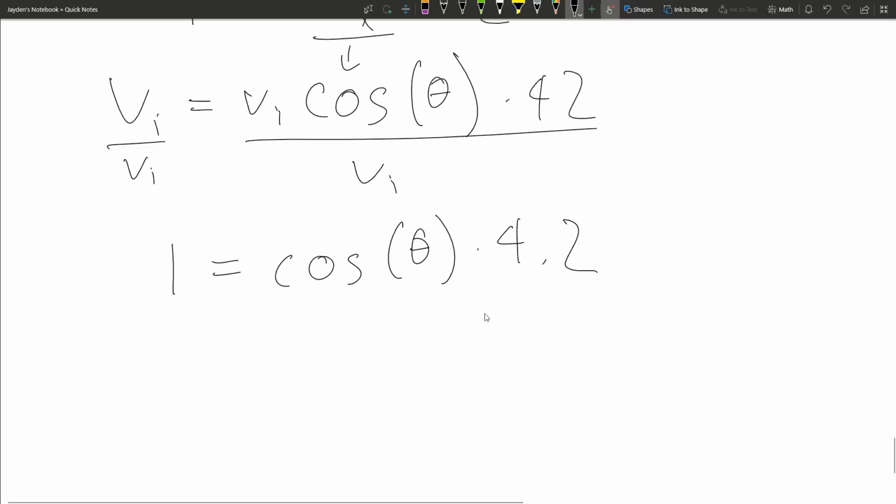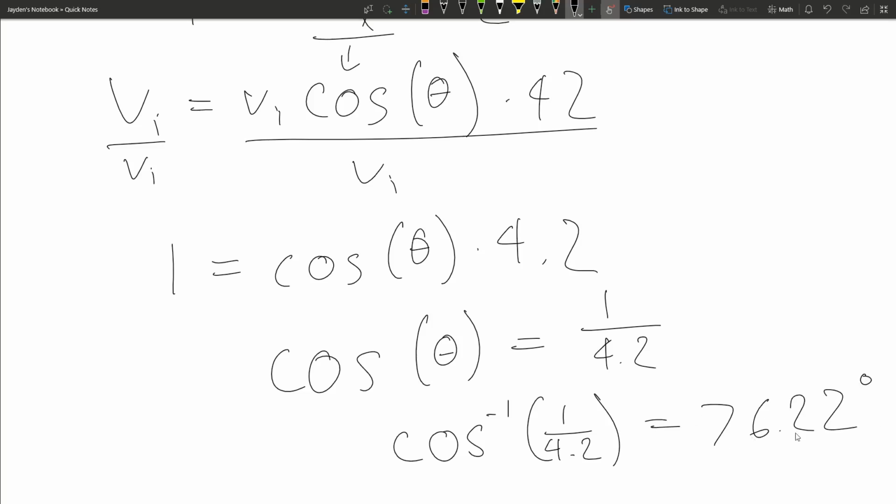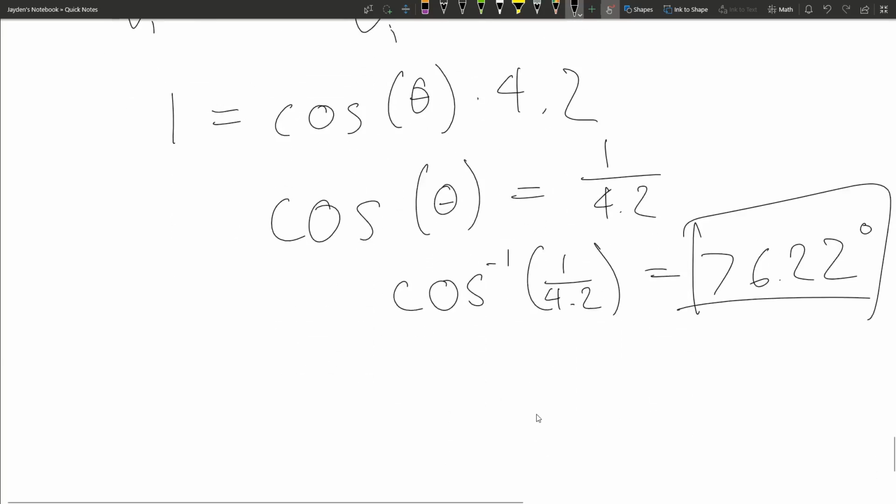Now all we gotta do is divide, so we get cosine theta on one side, and then do inverse. That should give you 76.22 degrees, which is the angle that it is launched at. Now let's move on.